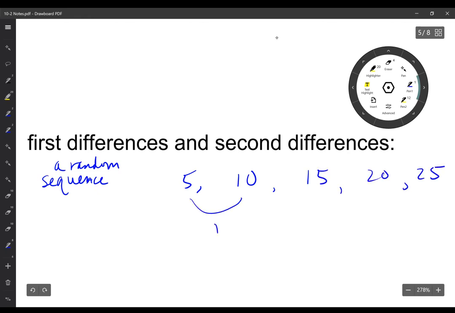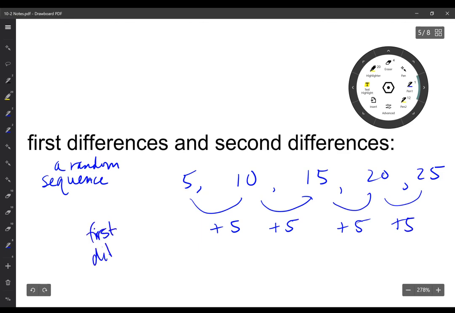My first differences would be that I'm adding 5 each time. And that's my first set of differences. First differences, because I just looked one time at the difference between each number. And if they are a constant, then it is arithmetic. And our other word for that would really be linear.